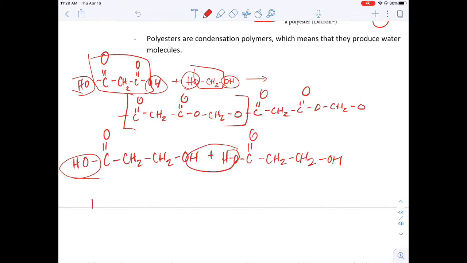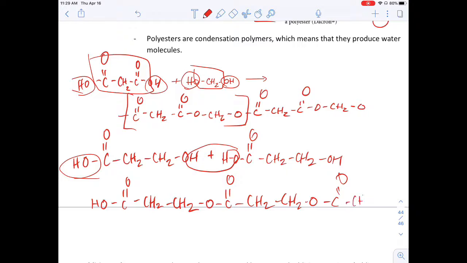And what I'm going to get is an HO, C double bond O, CH2, CH2, O, and then it's going to repeat C double bond O, CH2, CH2, O, C double bond O, CH2, CH2, O, and so on, right?